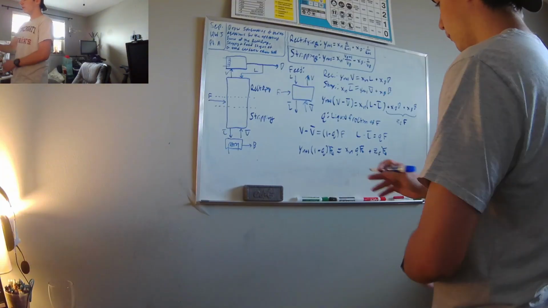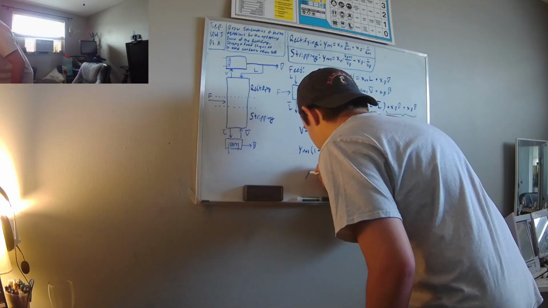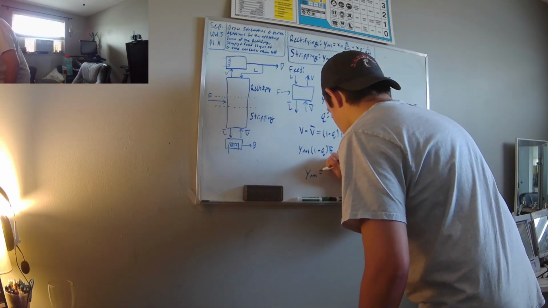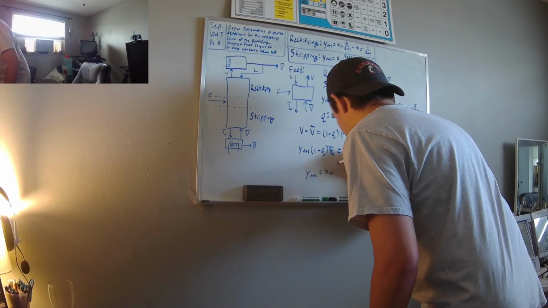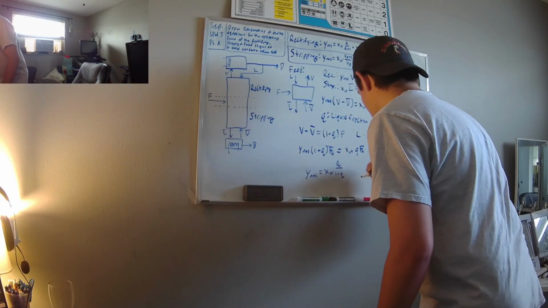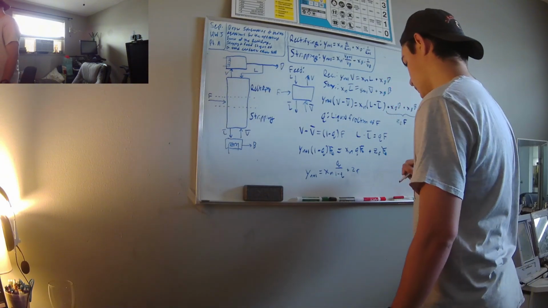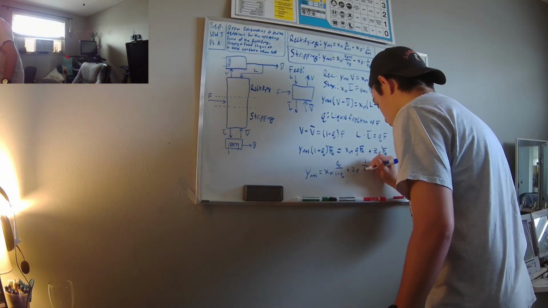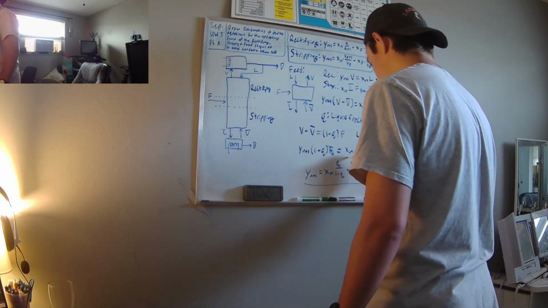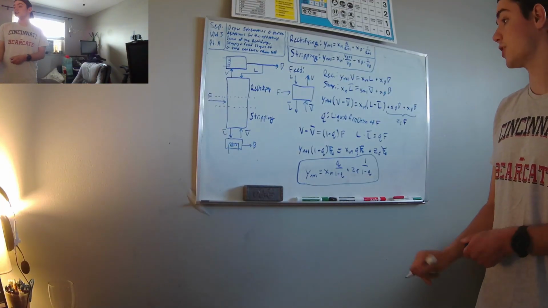And then, if we isolate our yn plus 1 as we've done previously, we get the governing equation for our feed section: yn plus 1 equals xn times q over 1 minus q plus zF times 1 over 1 minus q. That right there is our governing equation for our feed section of our column.